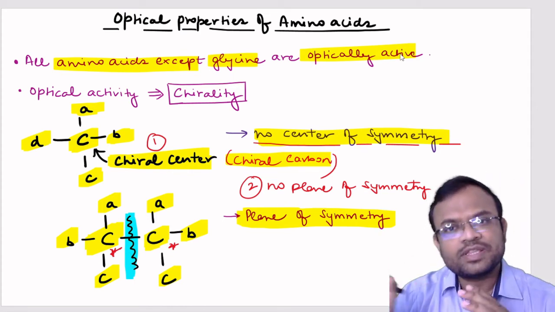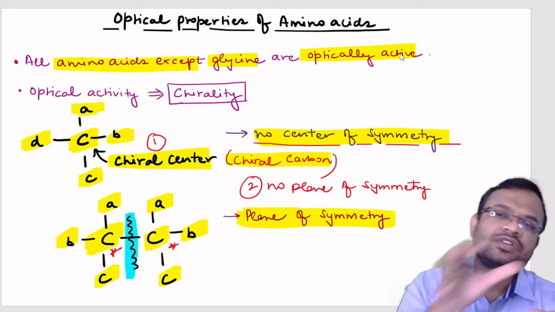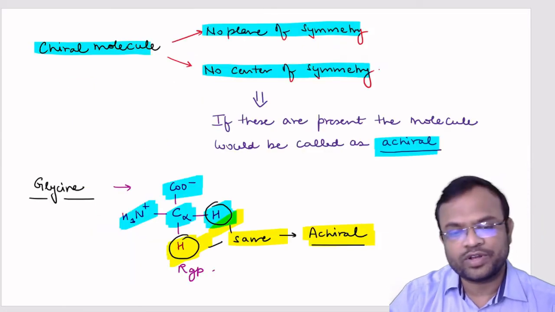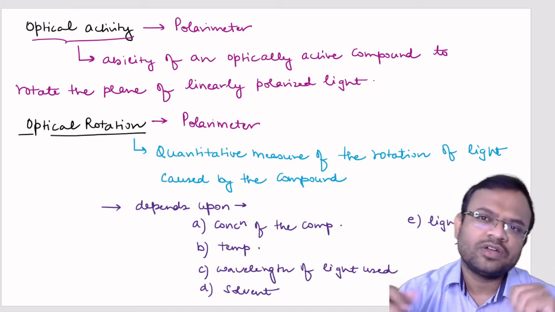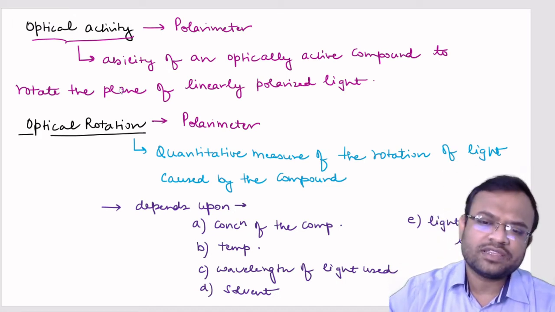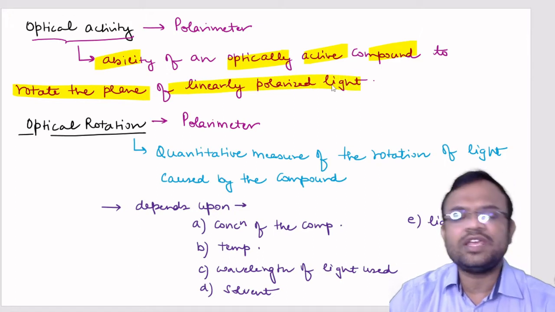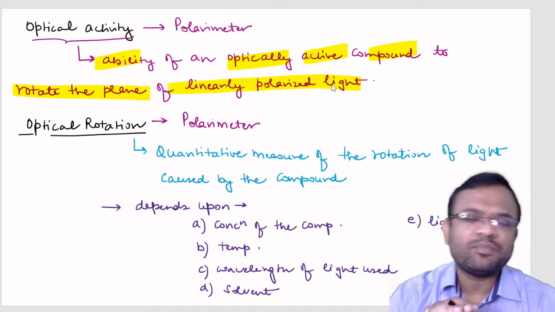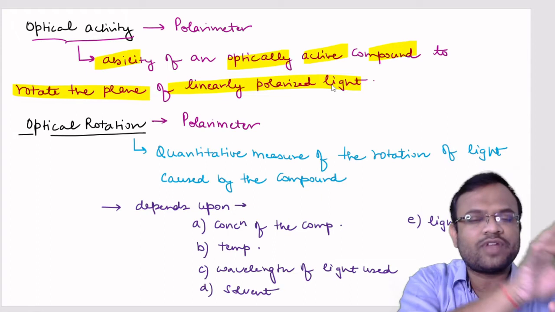So again, remember that if the molecule is chiral, then it will definitely show some kind of optical activity. What is optical activity and how is it measured? Optical activity is basically the ability of an optically active compound to rotate the plane of linearly polarized light. I would tell you what linearly polarized light is, but for now just consider it as a form of light.